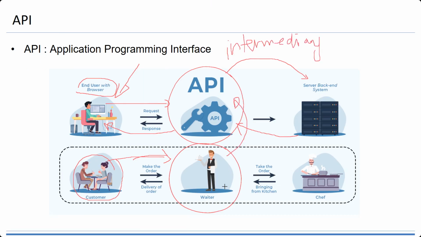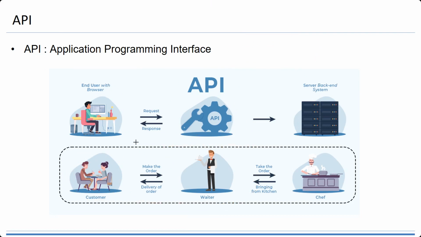Instead of the waiter, we can do something with the API. And when we have this API, we can connect directly to the chef. And then once the chef finishes with the food, we can bring the food to the customer. So we know that now there are many restaurants, they use the easy way to order without the waiter, and then they use robot to deliver the food to the customer. So actually, they are trying to apply this kind of API.